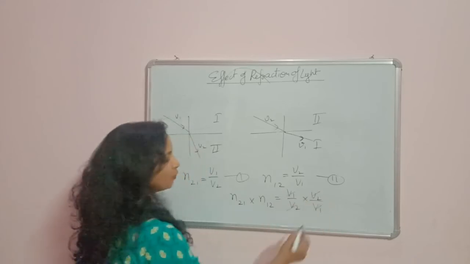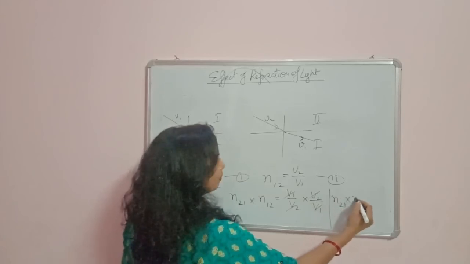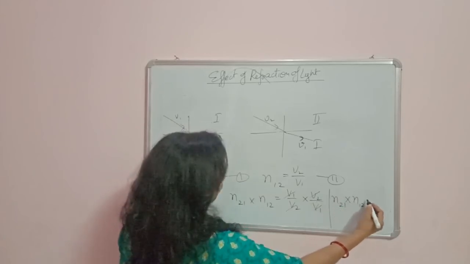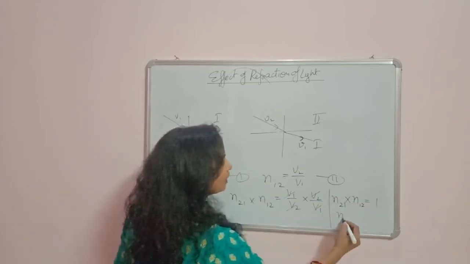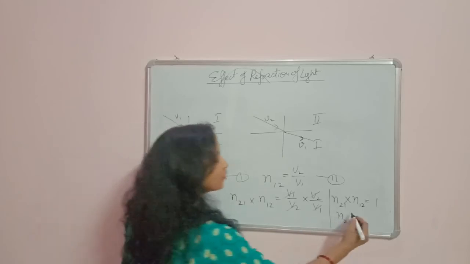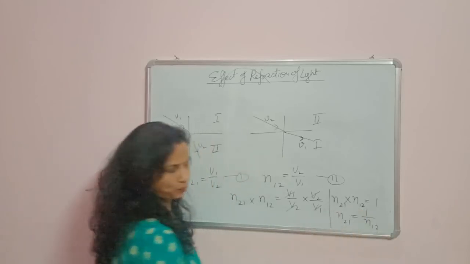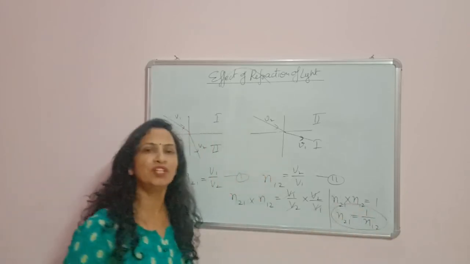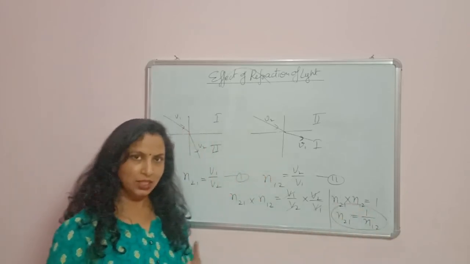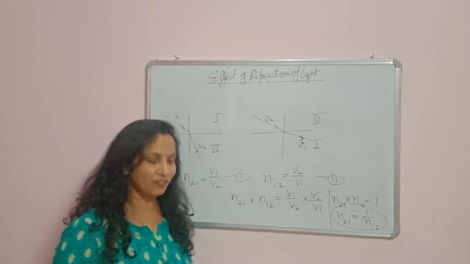These values cancel out, and the product is equal to how much? It is 1. Or we can say the refractive index of 2 with respect to 1 is the reciprocal of the refractive index of 1 with respect to 2. So this is a relation. If you have the refractive index of glass with respect to air, you can easily find the refractive index of air with respect to glass by taking the reciprocal of the value.